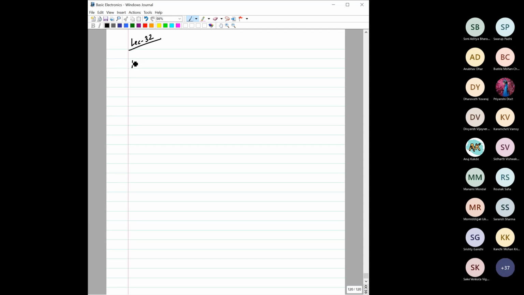Say a function has been given like this: A bar B bar C bar D, A bar B bar C bar D bar, A bar B bar C D bar, A B bar C D bar, A bar B C D bar, A B bar C bar D, plus A B bar C bar D bar.